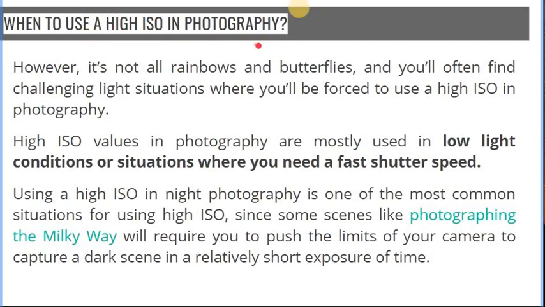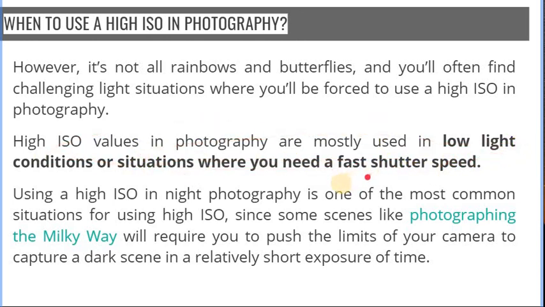So, when to use a high ISO? Sabi niya, however, it's not all rainbows and butterflies and you'll often find challenging light situations where you'll be forced to use a high ISO in photography. High ISO values in photography are mostly used when we have low light conditions or situations where you need a faster shutter speed. Sabi ko nga sa inyo, 'di ba?